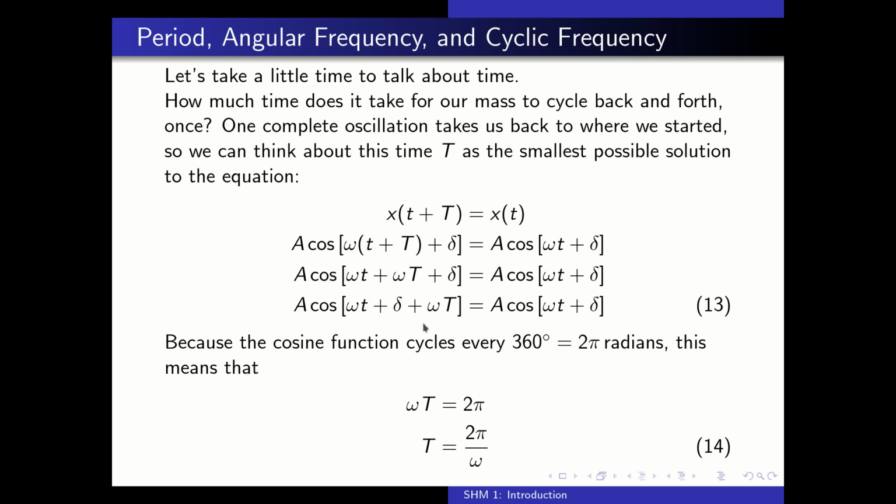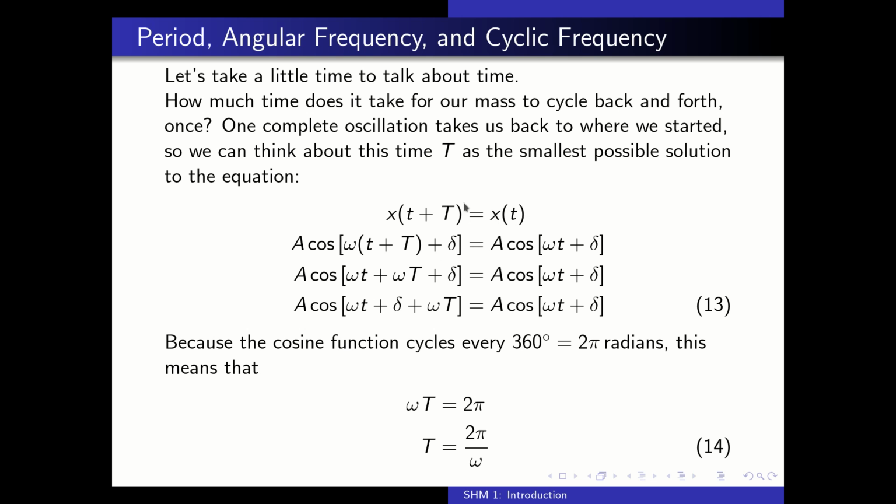We can certainly come up with longer amounts of time for it to get back to where it started, but the period should be the shortest. We can represent that mathematically in that first line: the position at some time t plus that period T is equal to the position at the earlier time.